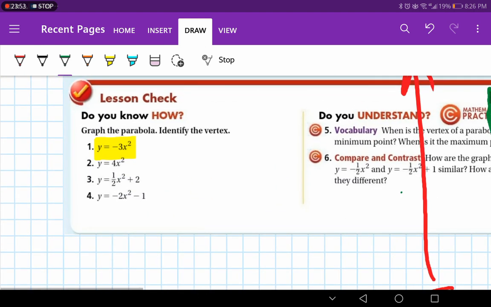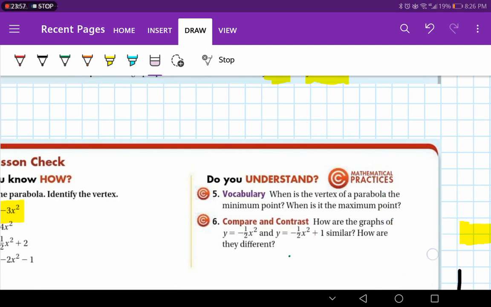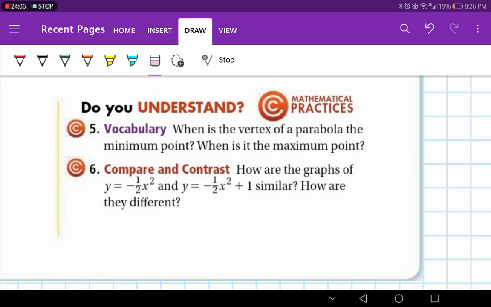Thank you for watching, and I hope you get all the benefit, and see you in the next video. Before we move to the next video, let me make sure you understand: when is the vertex of a parabola a minimum point? Minimum if the coefficient of x square is positive. Okay, what is the coefficient of x square?